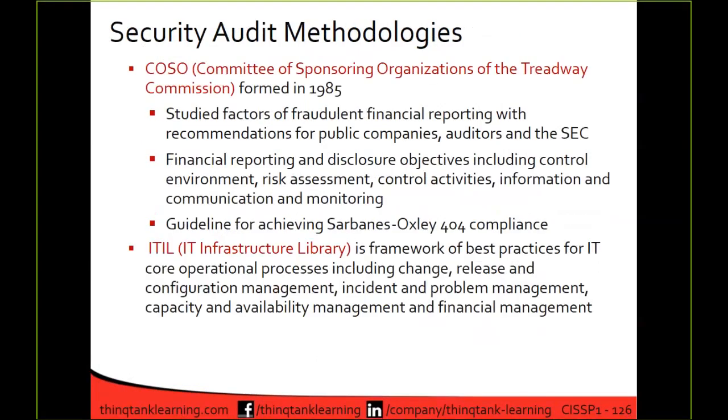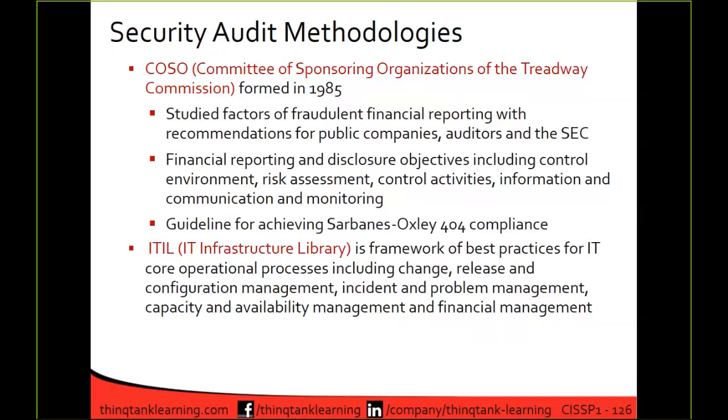Now, there are methods for auditing these processes as well. The Committee of Sponsoring Organizations of the Treadway Commission, for example. That's a joint initiative, and its general goal is to combat corporate fraud. It was established in the United States by 5 private sector organizations.